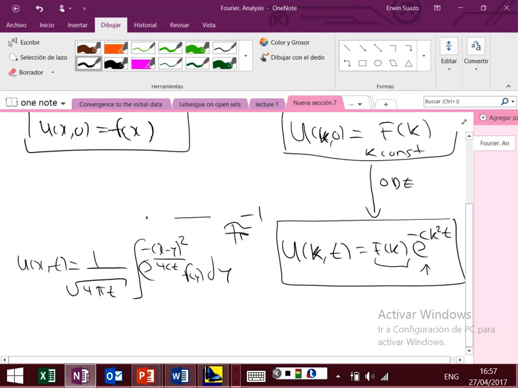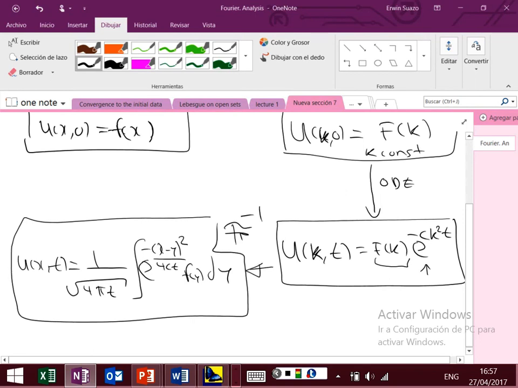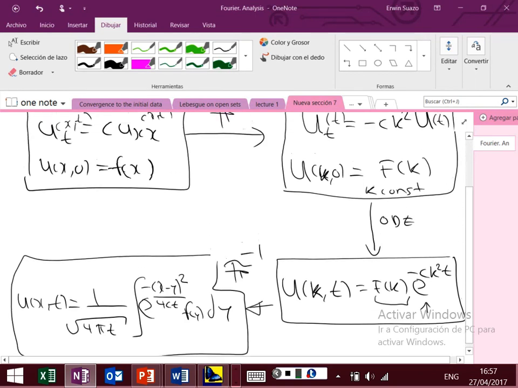And that's your solution. So you see, you took a detour. Instead of finding the solution directly, you use the Fourier transform to get it. And this is very powerful.